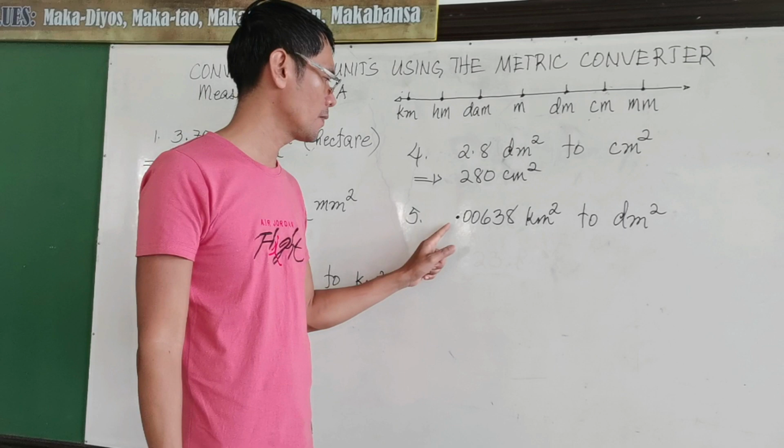So we have 1, 2, 3, 4, 5, 6, 7, 8. Yes, it's correct. Okay? So that's how easy the metric converter is, if you are going to use it in the conversion of units under the measure of area, considering units under the metric system. Okay?